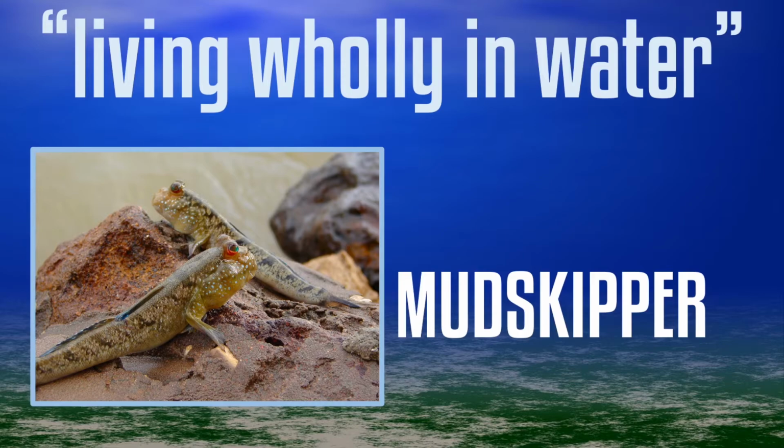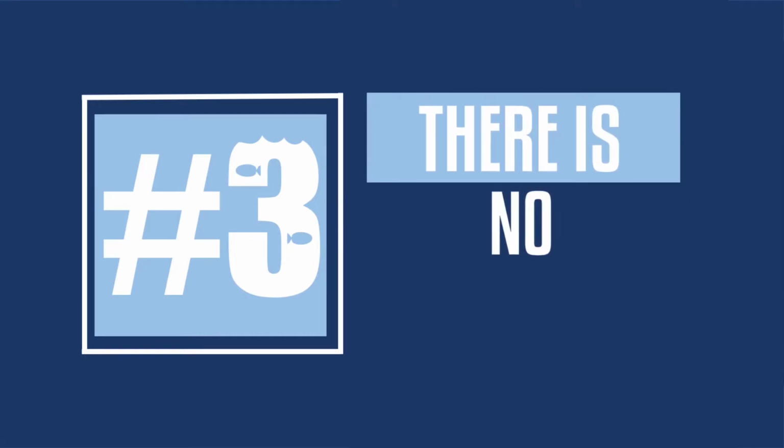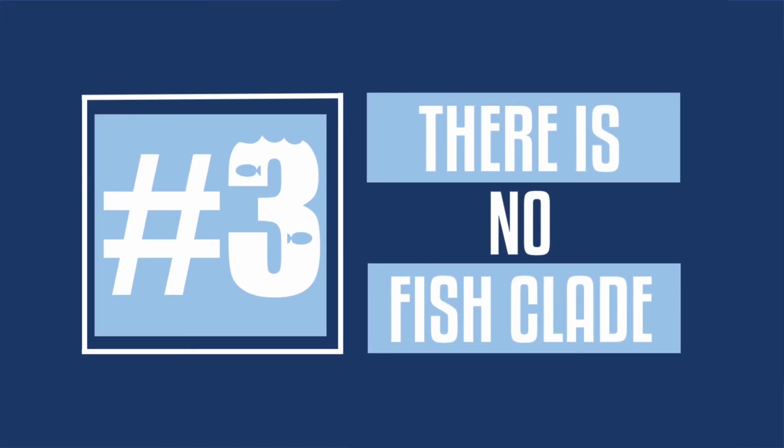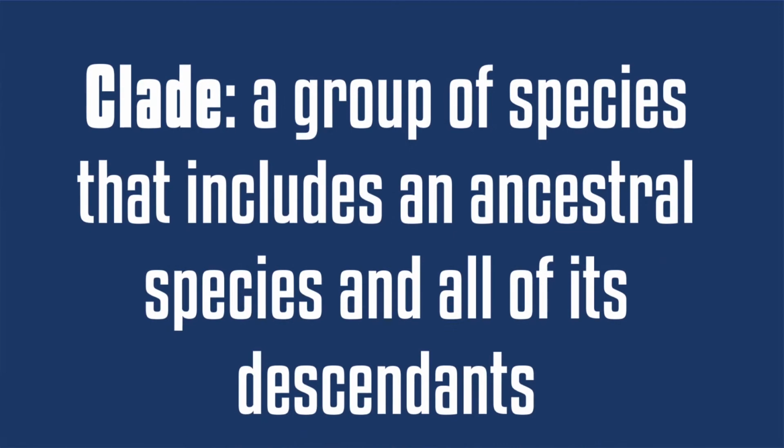Now, maybe you could try to group fish based on a characteristic other than these. Perhaps we can try to group all fish based on their most recent common ancestor to see what classifies as a fish. And that brings us to problem number 3, which is there is no fish clade. A clade is a group of species that includes an ancestral species and all of its descendants.